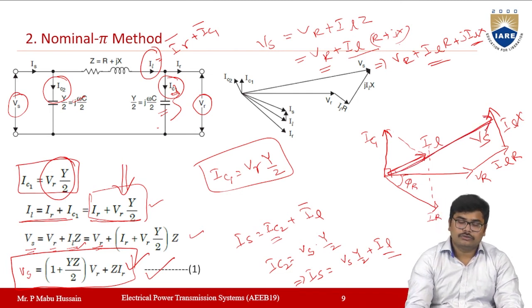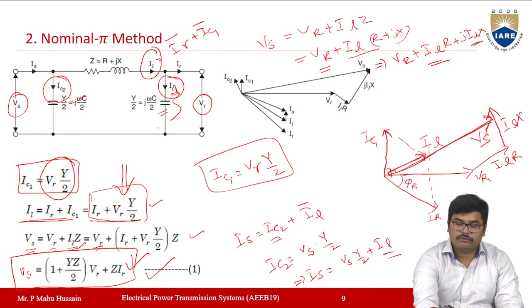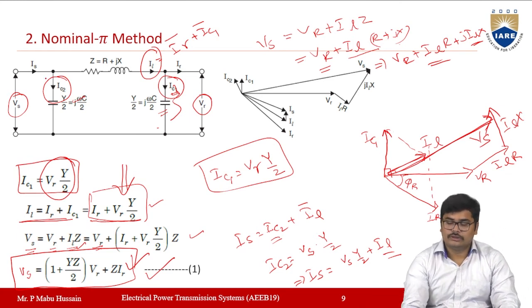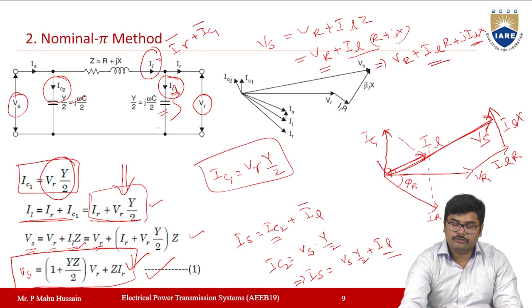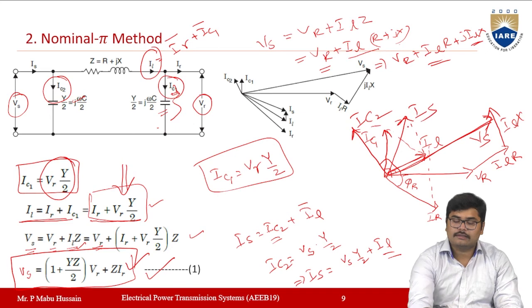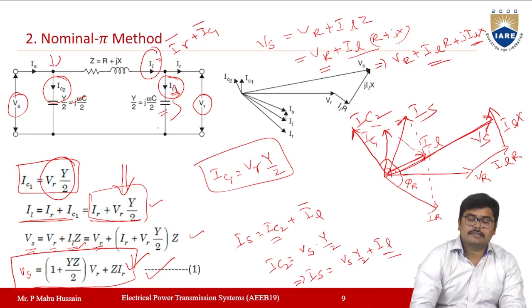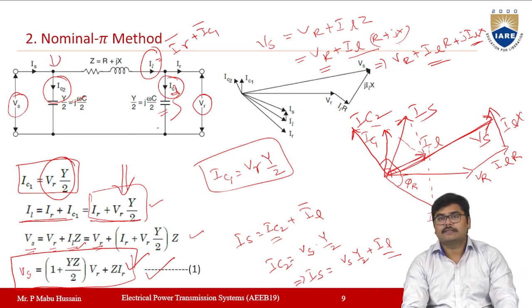Now if you want to represent IC2, this IC2 will be perpendicular to this Vs, like this. Now if you add IL and IC2, you will get the value of Is. At this node, Is is equal to IC2 plus IL.